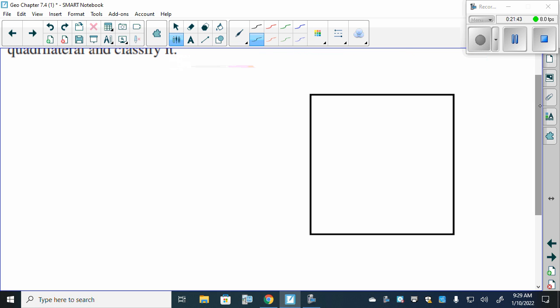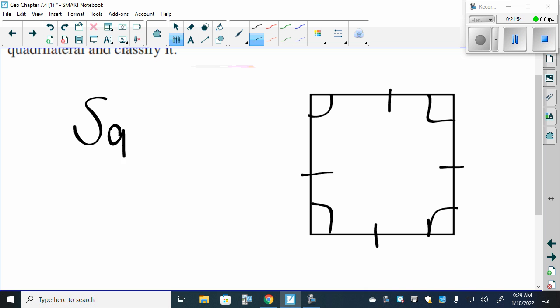Sketch and classify it. Well, 4 right angles. 4 congruent sides. Exactly, this would be a square. As if it has 4 right angles and 4 congruent sides, we're going to call it a square.